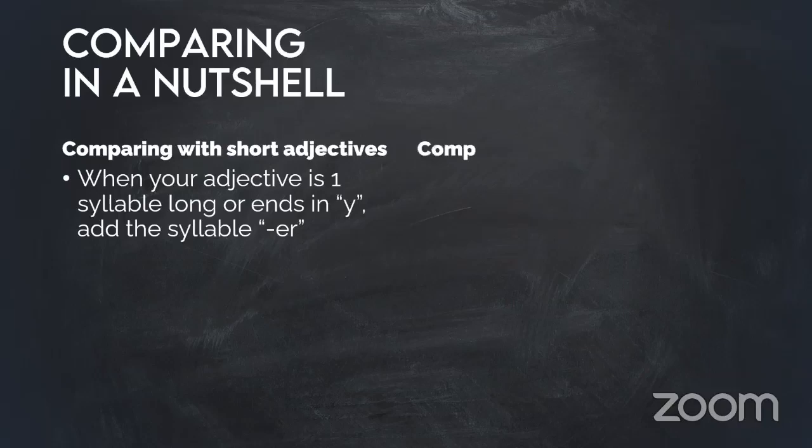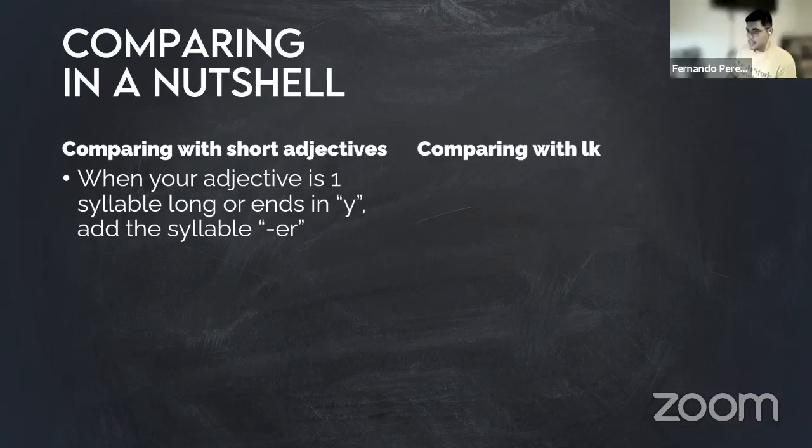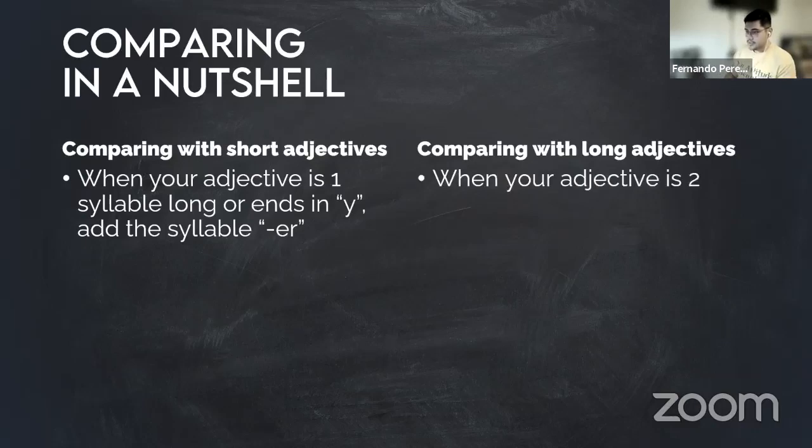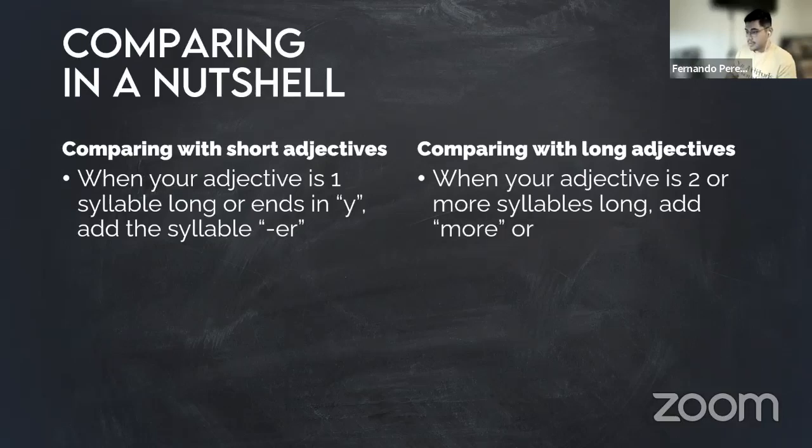On the other hand, comparing with comparatives: when your adjective is two or more syllables long, add more or the most at the beginning. Ah, yes, add er or est.